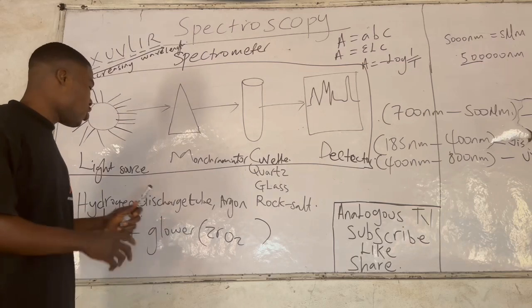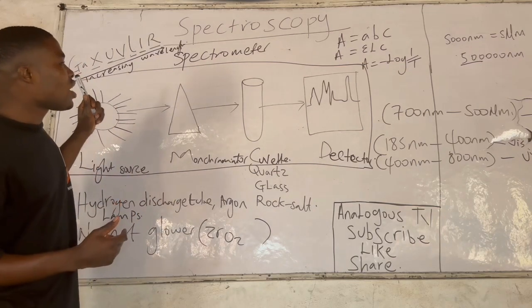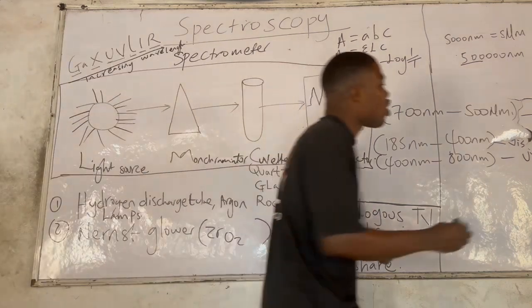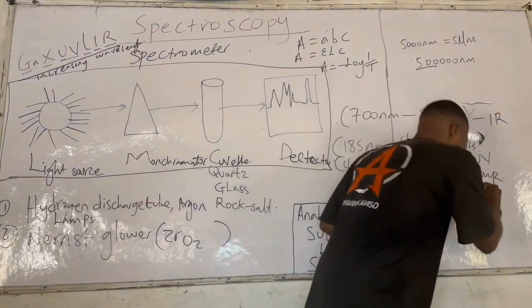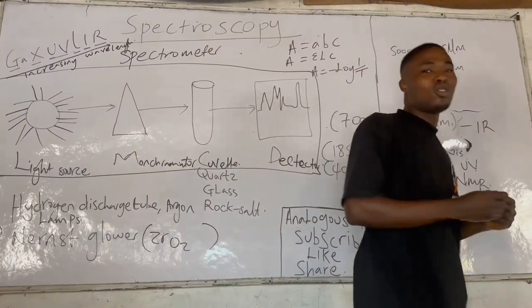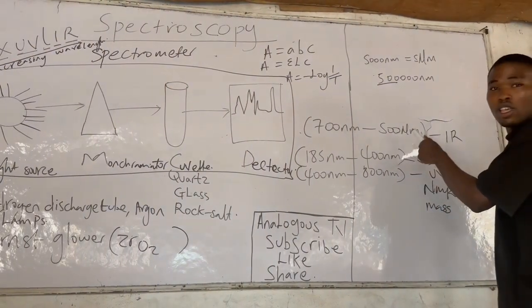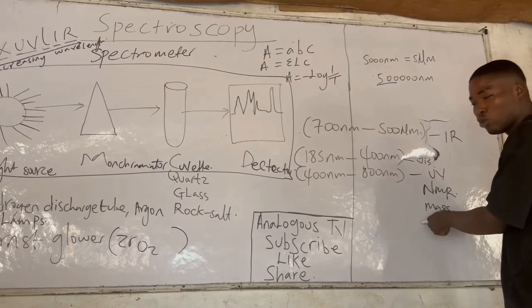Now, quickly, let's look at the various types and common techniques of spectroscopy. The common types of spectroscopy are 4 types, very common 4 types, actually 5, but the last one is not a true spectroscopy technique. The first ones are IR spectroscopy, visible spectroscopy, UV spectroscopy, NMR, and mass spectroscopy.